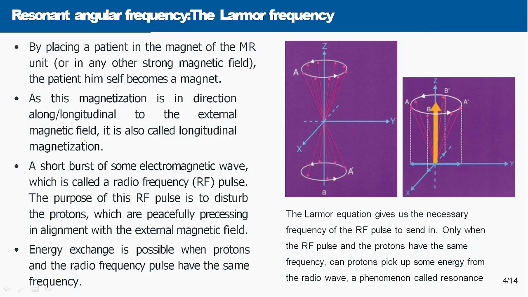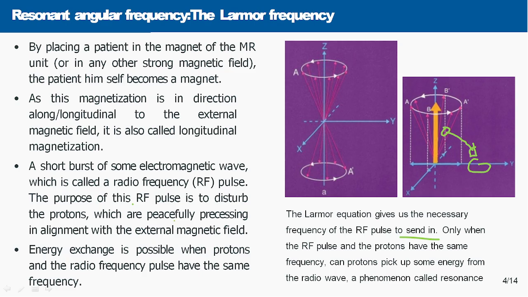So, this Larmor equation gives us the necessary frequency of RF pulse to send in. The purpose of this RF pulse is to disturb the proton. Once this RF pulse is applied, this proton may move to this particular plane.